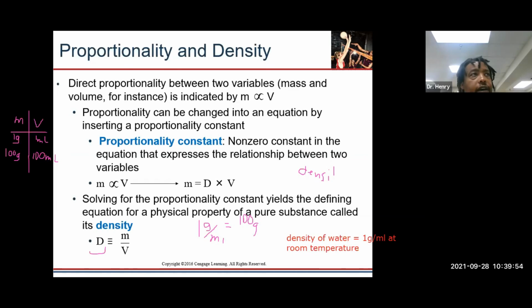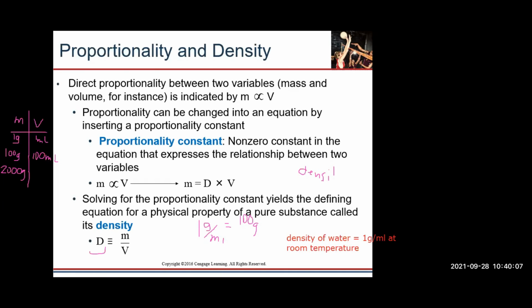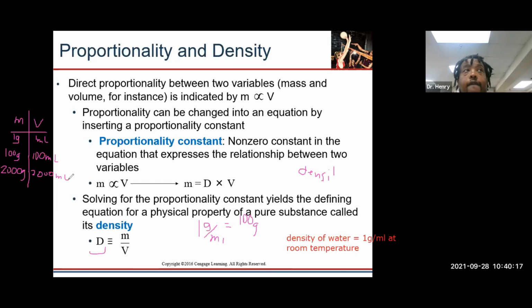So if I have 2,000 grams, how many milliliters would that be? 2,000 milliliters. Okay, so as my mass goes up, my volume has to go up proportionally.